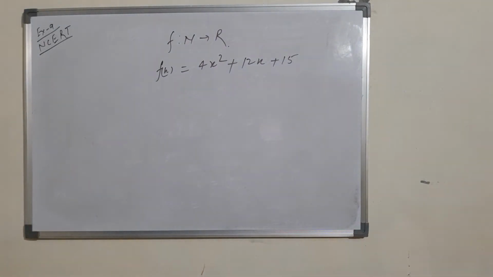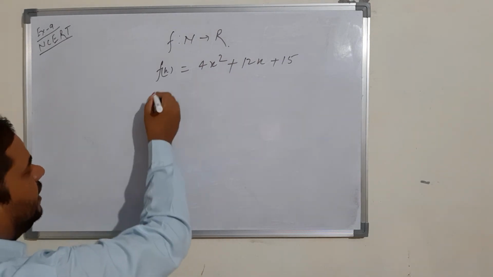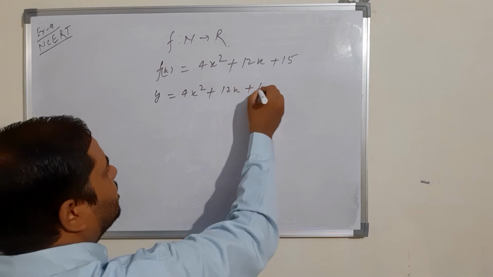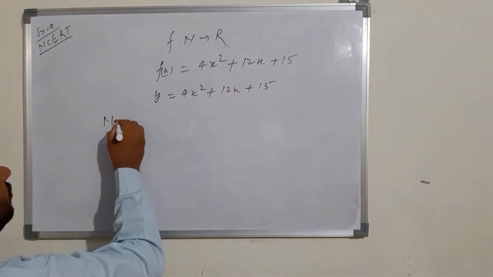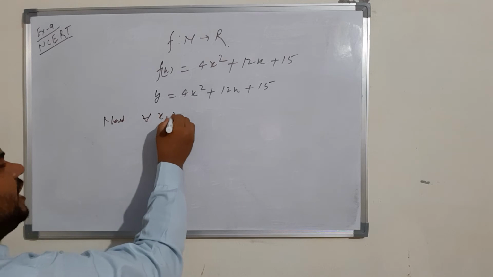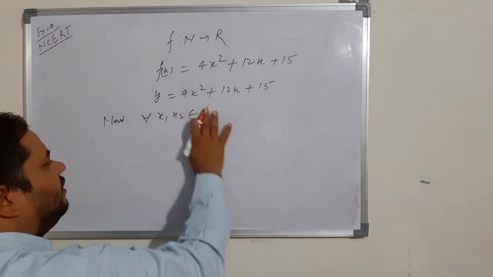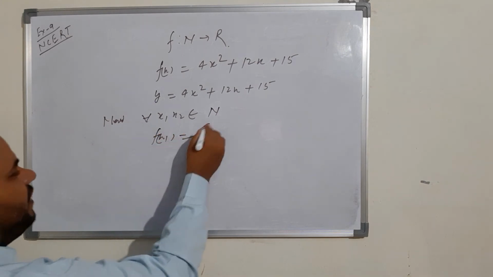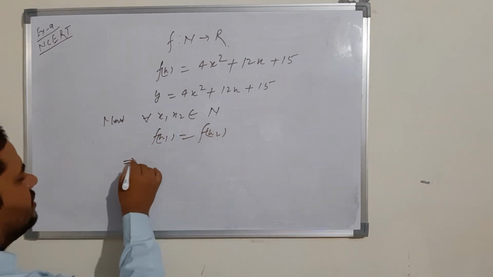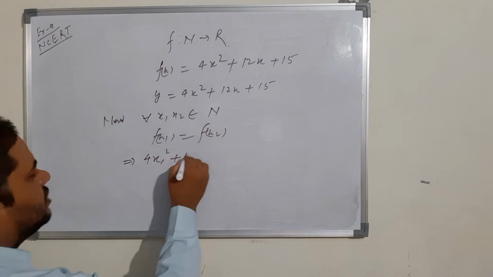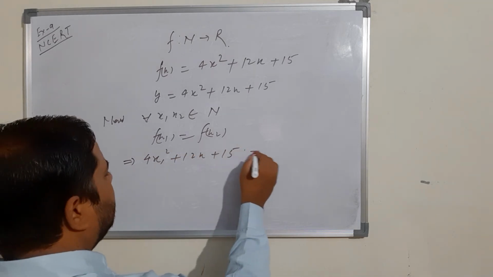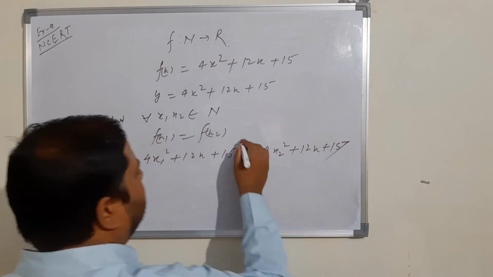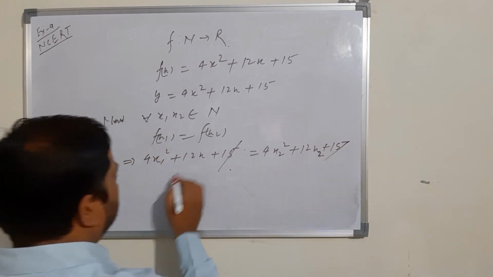Okay. So first of all, we write it like y is equal to 4x square plus 12x plus 15. Now, for each x1, x2 belongs to N, not R, natural numbers, f(x1) is equal to f(x2). That means 4x1 square plus 12x1 plus 15 is equal to 4x2 square plus 12x2 plus 15. 15 cancelled out.